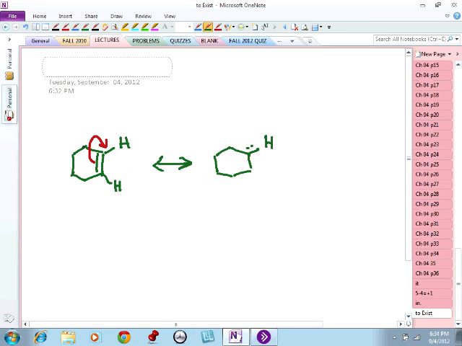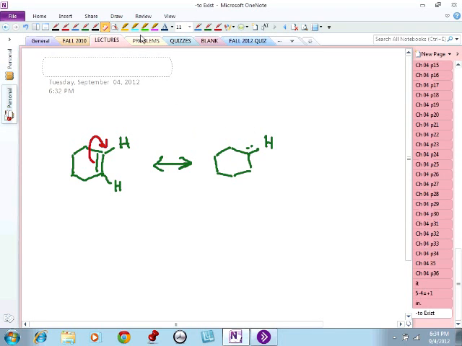Anytime we draw an arrow, that arrow is simply indicating the movement of electrons, in this case the movement of two electrons. If we draw this type of one-sided arrow, that is movement of one electron. If you draw a two-sided arrow like this, that is two electrons. As we move on, this is one of the things that we are going to be using.